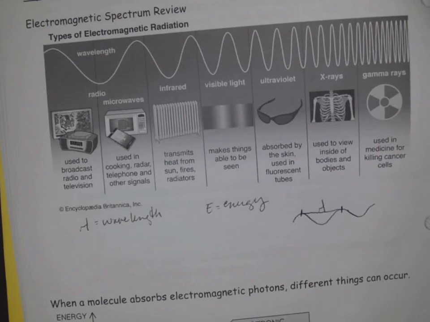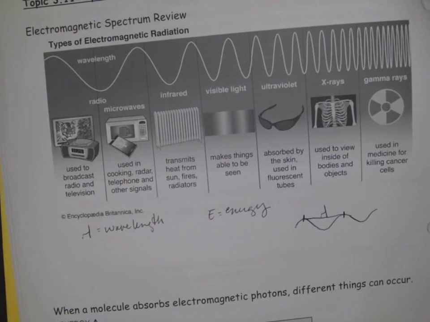Atoms and molecules. But we're going to focus on the molecules for a moment. They have the capacity to absorb electromagnetic waves. Okay? And something happens when they do that, and it really depends on how much energy that electromagnetic wave has. So first, let's start with lower energy.